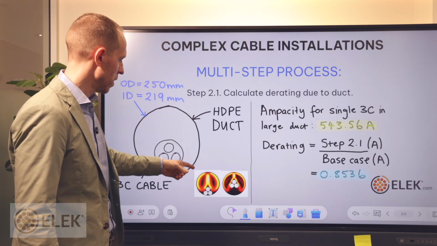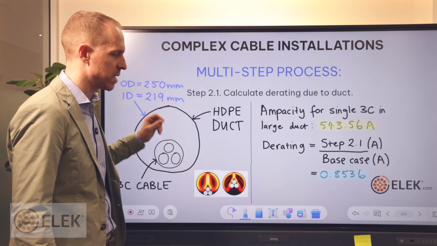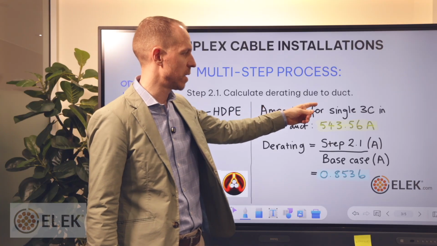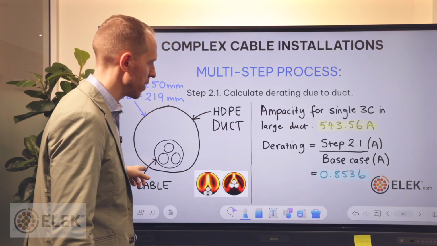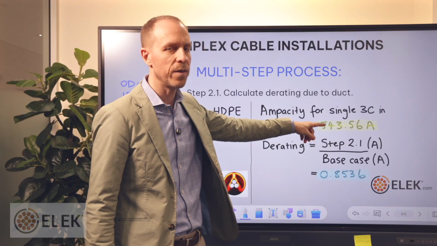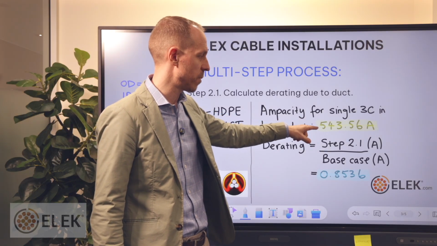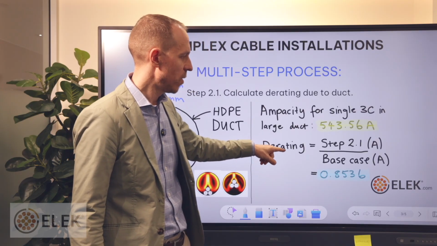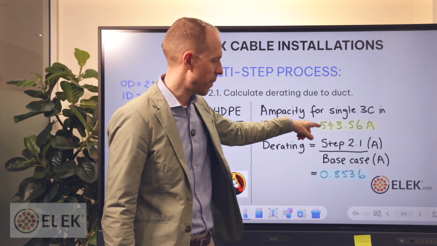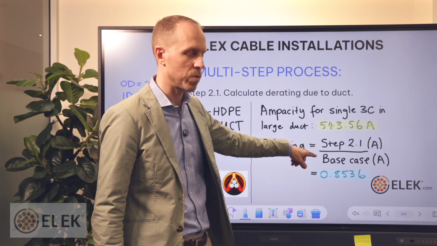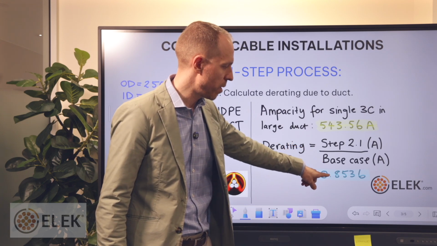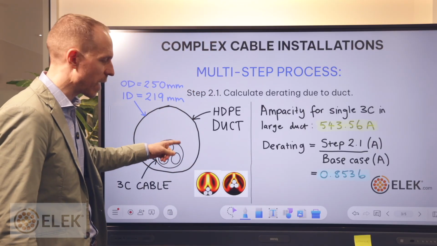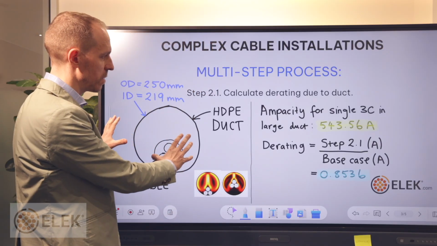The duct material itself also adds an additional thermal resistance. So the ampacity for a single 3-core cable inside this large duct would be around 543 amps as worked out by the software model. So the effective derating would be this ampacity divided by the base case rating, which is around 0.8536 is the derating of one of these cables installed inside the same duct.